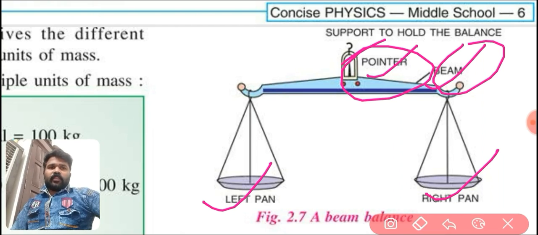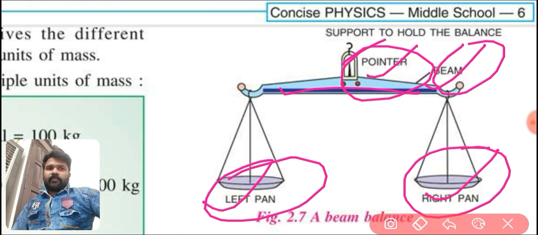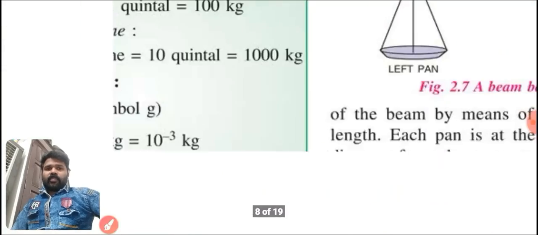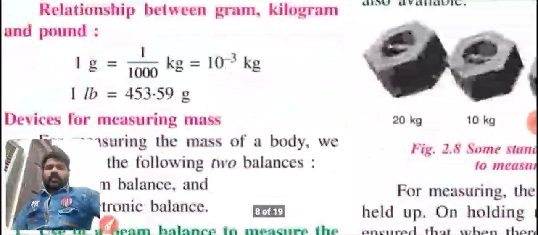One beam is there, then this is the right pan and this is the left pan. This is a basic beam balance.